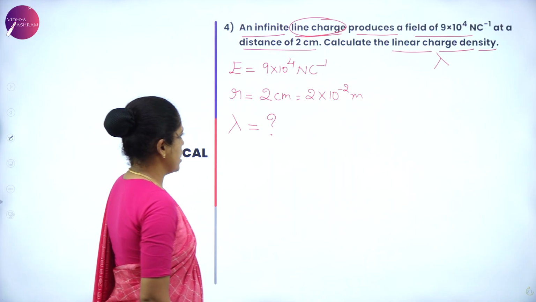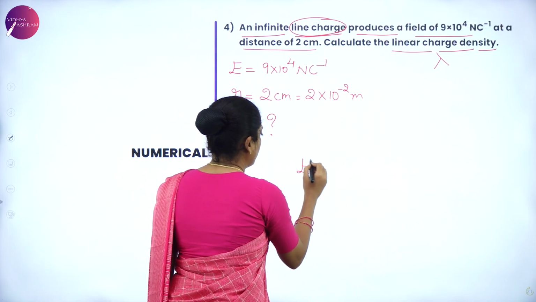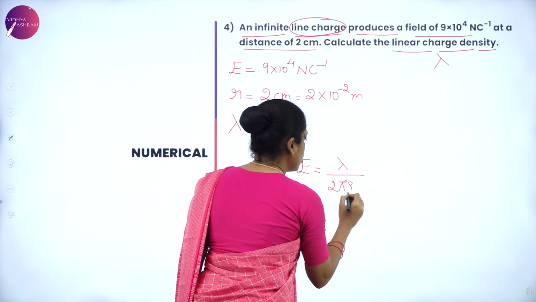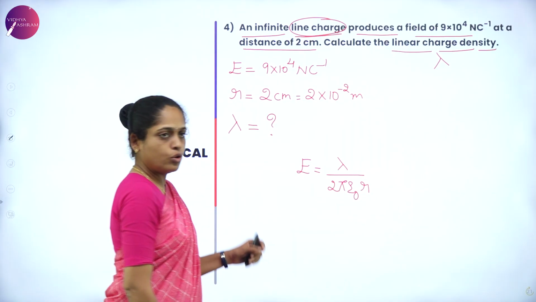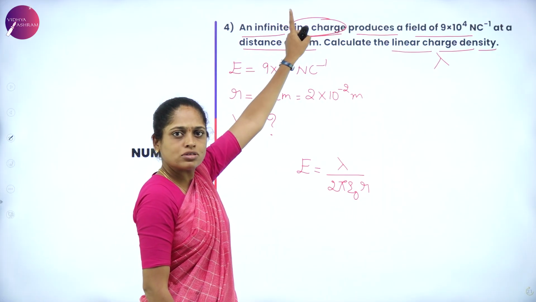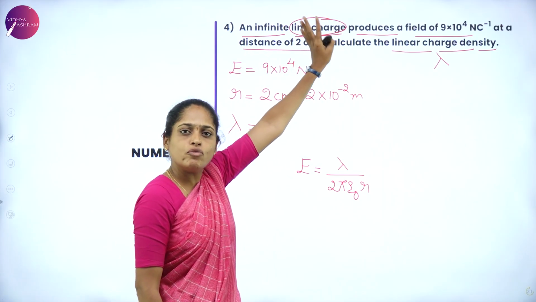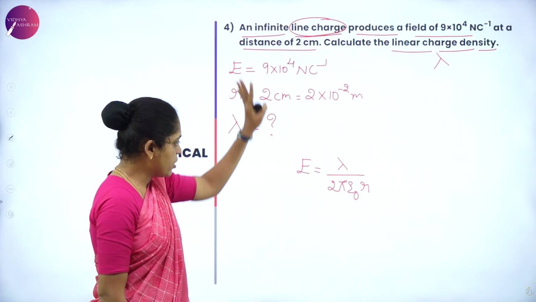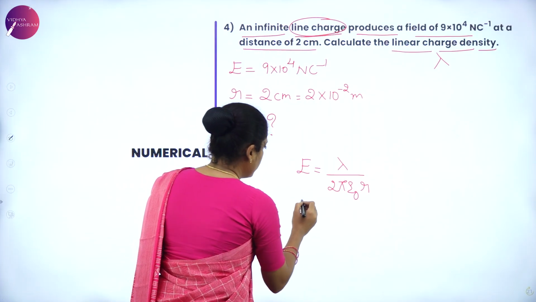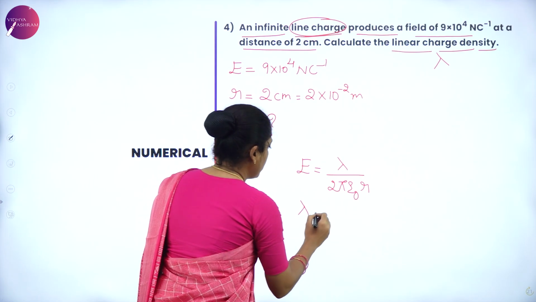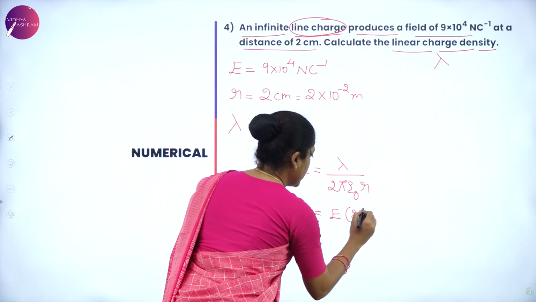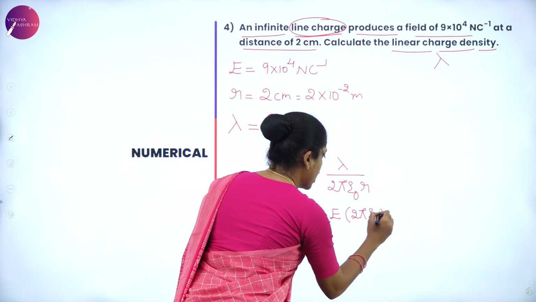The formula is E is equal to lambda by 2 pi epsilon naught r. You know this as you have derived for the infinite long straight wire which is uniformly charged. The same expression is considered here. So now I need to calculate lambda, which is equal to E into 2 pi epsilon naught r.